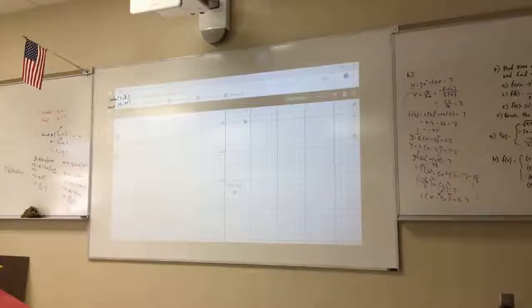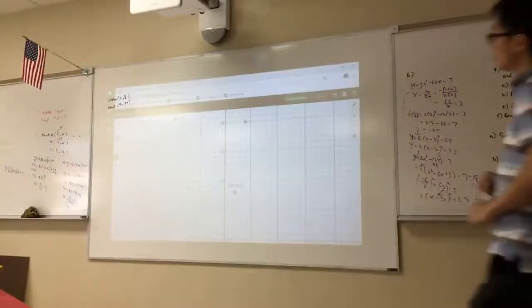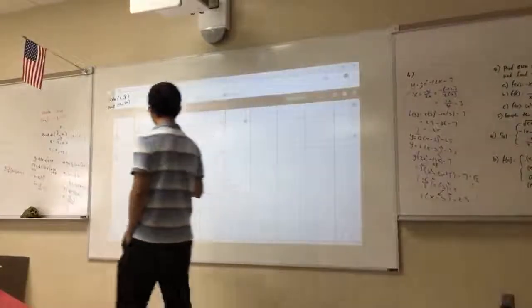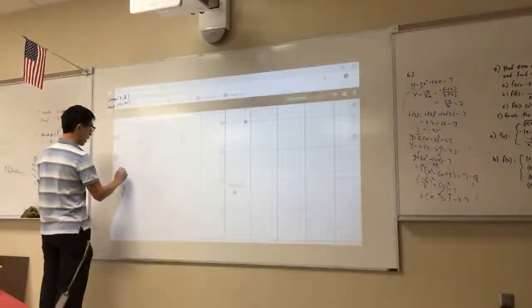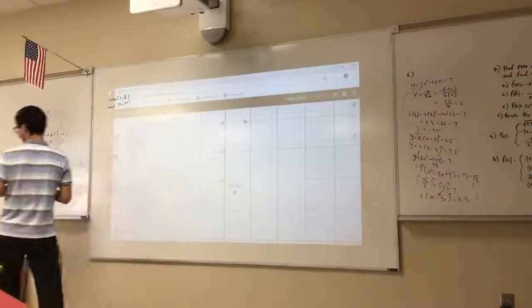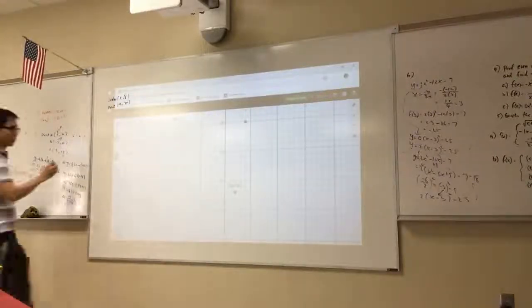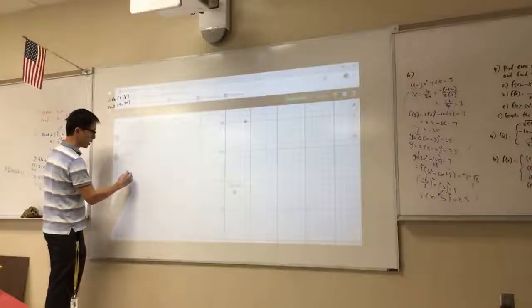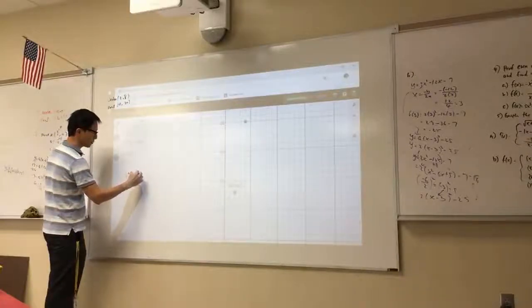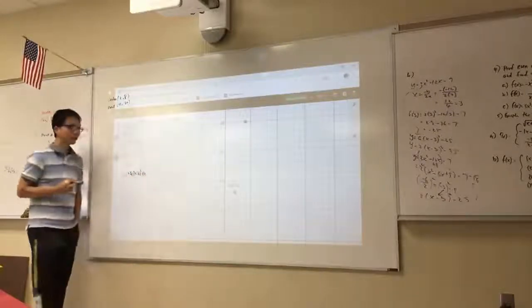Okay, vertex form. How would I do this question in terms of vertex form? If I have a vertex, it should be y is equal to a times x minus h squared plus k.